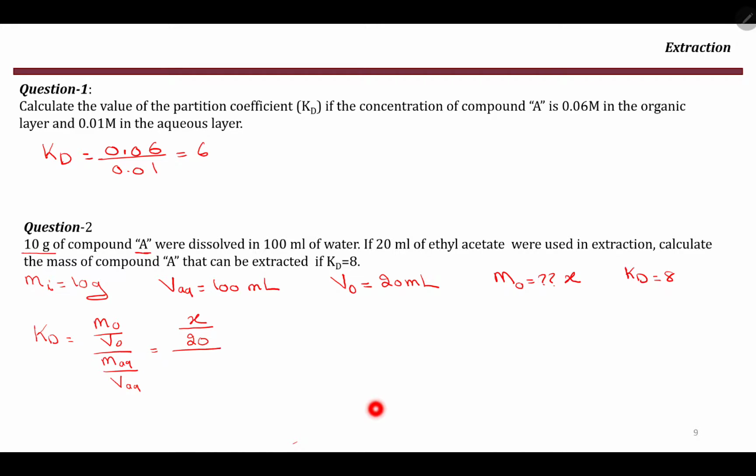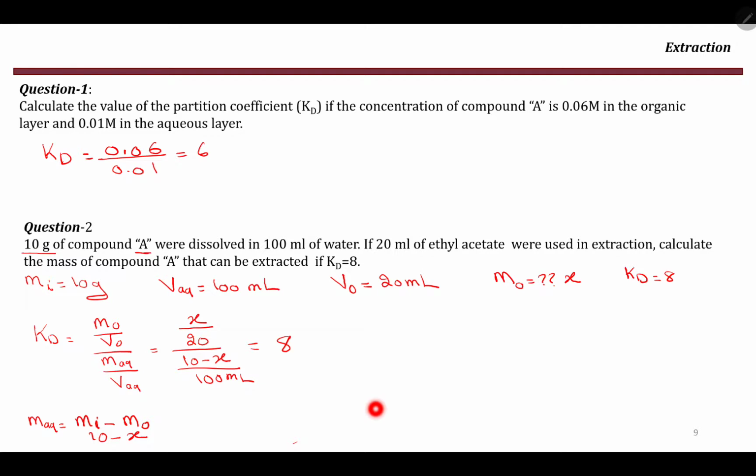Mass aqueous, remember from the previous slide, is always equal to the mass initial minus mass organic, which is X. So this is going to be actually 10 minus X, divided by volume aqueous, which is 100 milliliters. And this whole thing is equal to KD, which is equal to 8.